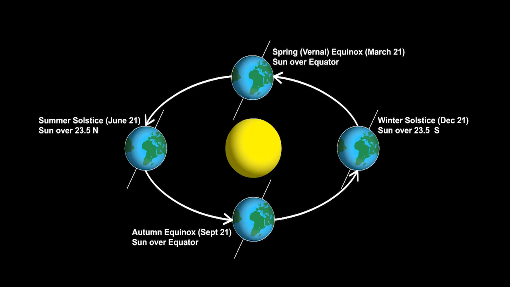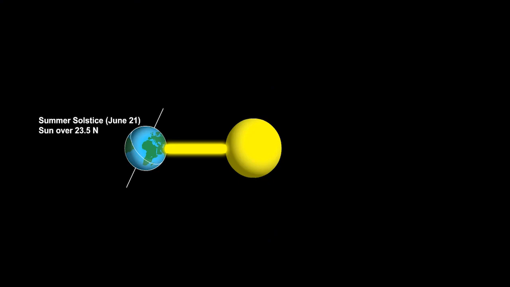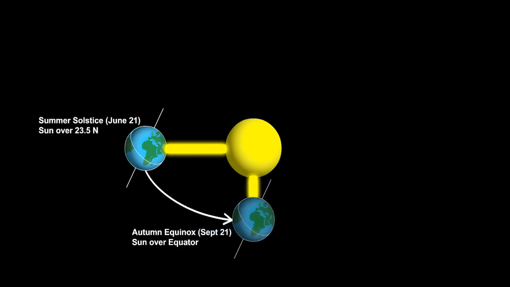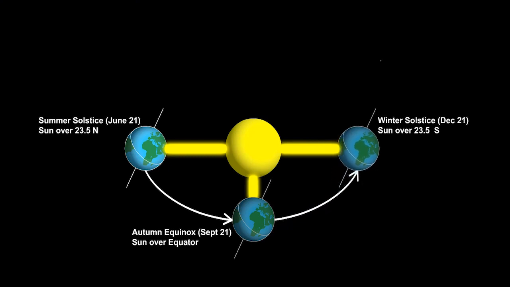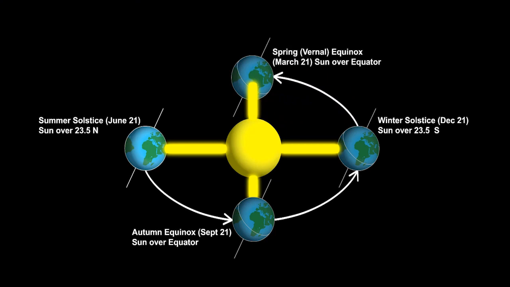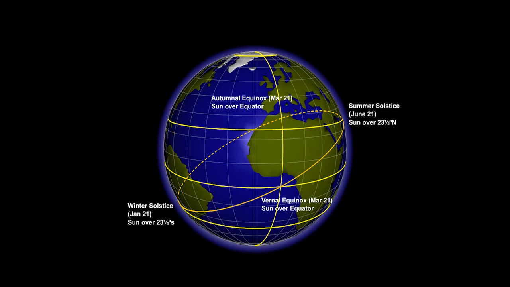Over the year, the latitude directly under the Sun changes from 23.5 degrees north to the equator to 23.5 degrees south to the equator again and back to 23.5 degrees north. If we look at it from an Earth-centred point of view, this is the apparent path of the Sun's overhead during the year.